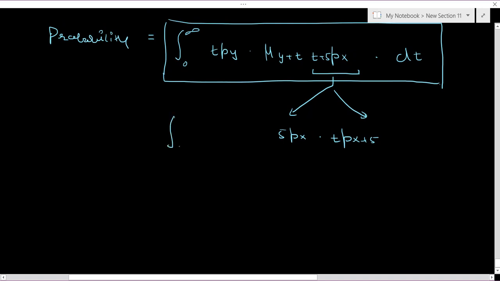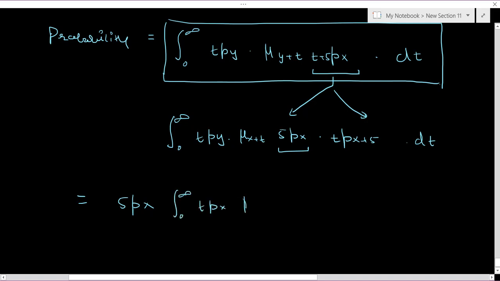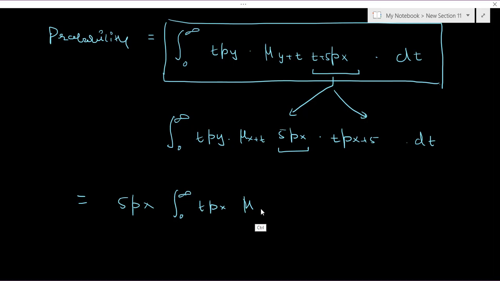Okay, and I already have this going from 0 to infinity tpy mu x plus t and dt. So this is one way of taking a constant out. So this term is a constant now. So I can take it out. So it becomes 5px, and this going from 0 to infinity tpy into mu x plus. Okay, let's simplify this.